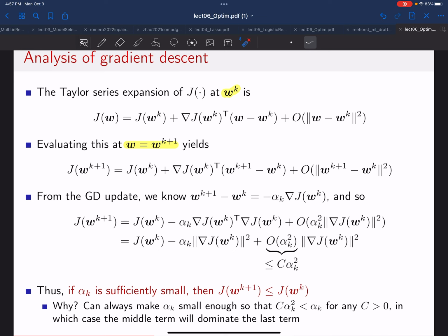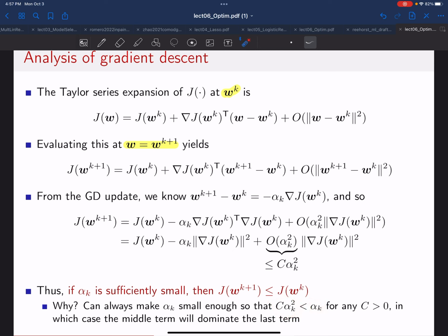In most cases, it will be smaller, but we have to acknowledge that, for example, if you start at a minimum, you can't make it smaller. In that case, it would be equal, but usually when you're converging, it's actually getting smaller and smaller and smaller. Okay, so again, we can always make alpha k small enough so that this term is smaller than this term, no matter what this constant c is.